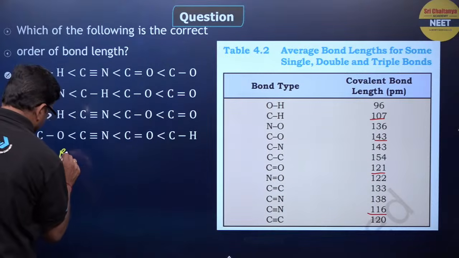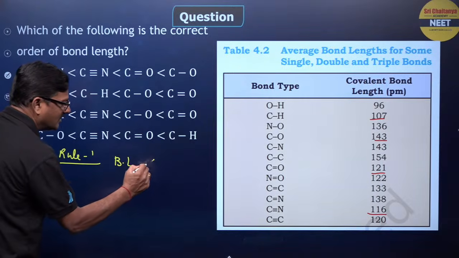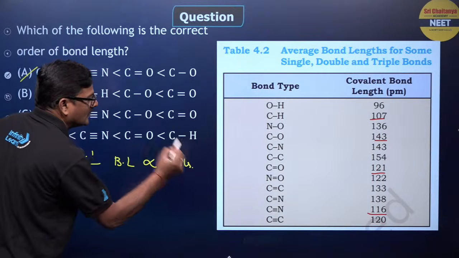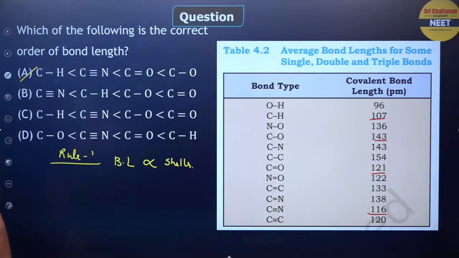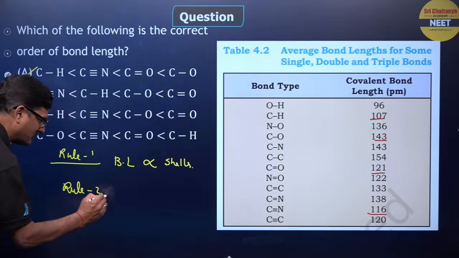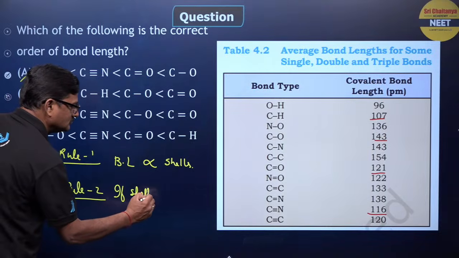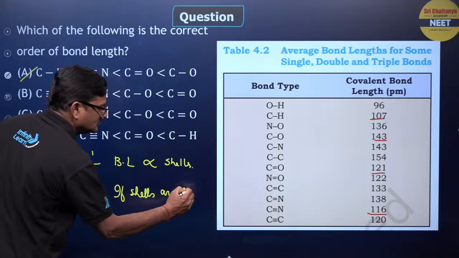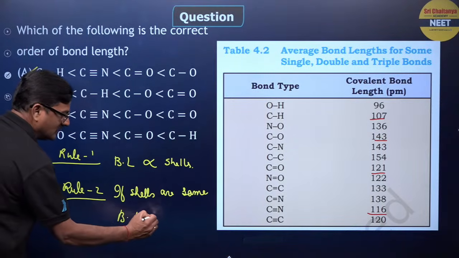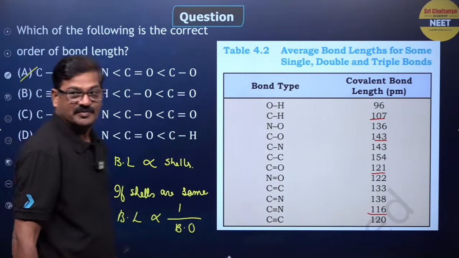Rule number 1: bond length is directly proportional to the number of shells. Rule number 2: if the number of shells are common, when to use rule 2, dear? If the number of shells are the same, you can say bond length is inversely proportional to the bond order, bond multiplicity.